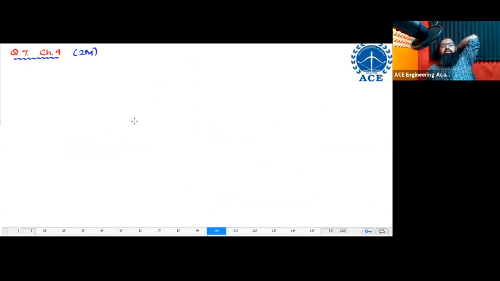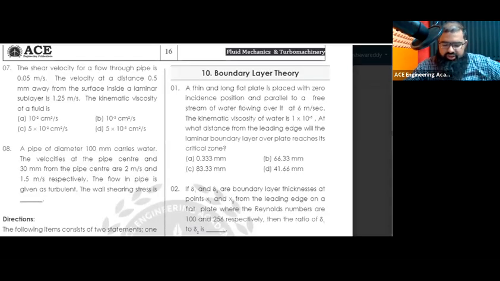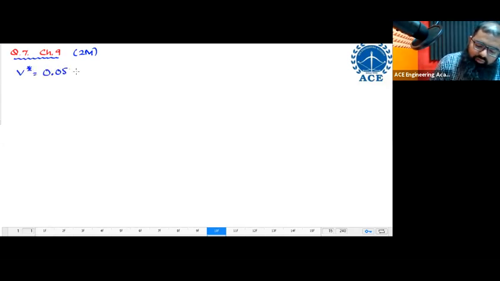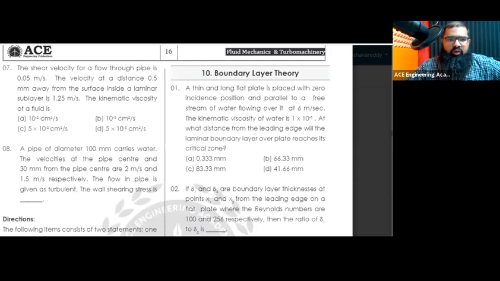The question is saying, let me again look at the question. The shear velocity for a flow means he has given you the value of V star equal to 0.05 meters per second. Okay, don't worry if you're not able to get the answer because you might not remember the formulas right now. Then he goes on to say the velocity at a distance of 0.5 mm away from the surface, please underline that phrase, inside a laminar sublayer.